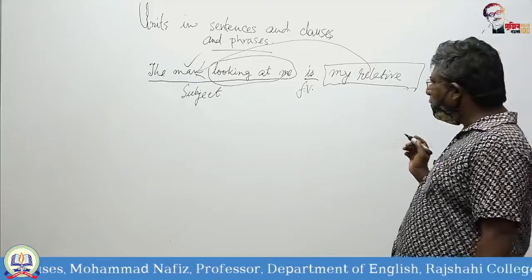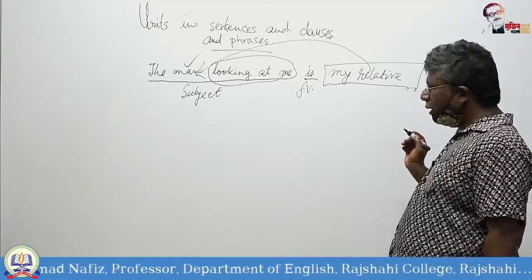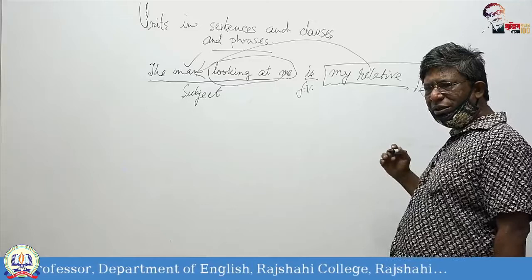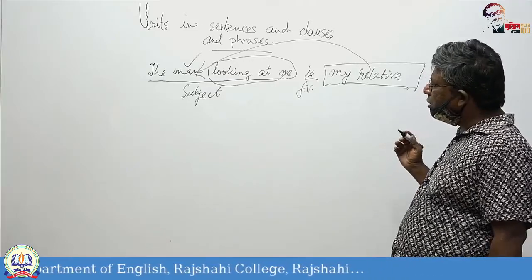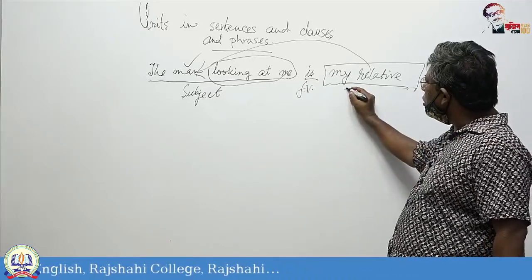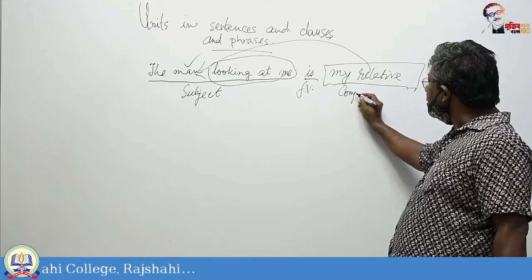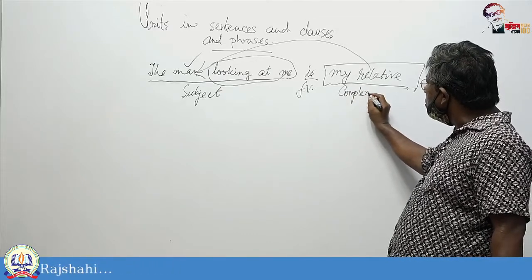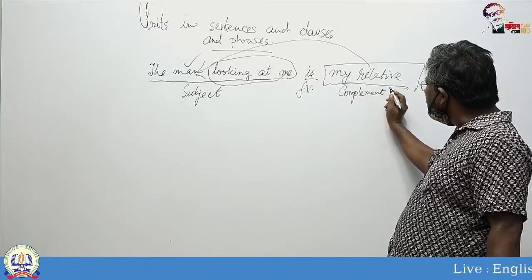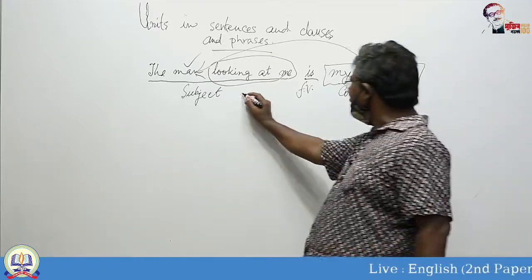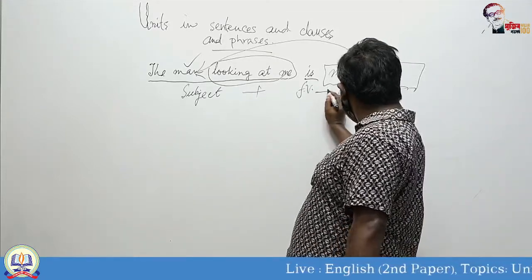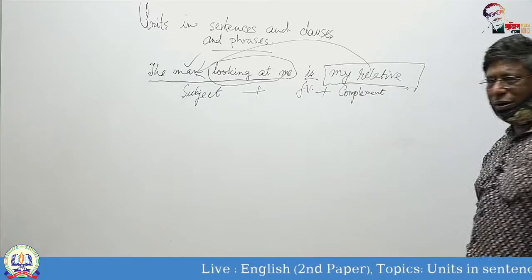Whenever a word or phrase gives the identity of the subject, it is called complement. So, we have three parts in this sentence: subject, finite verb, and complement.